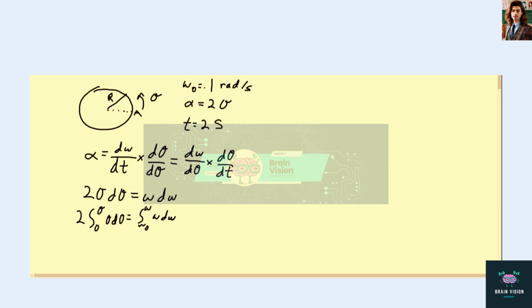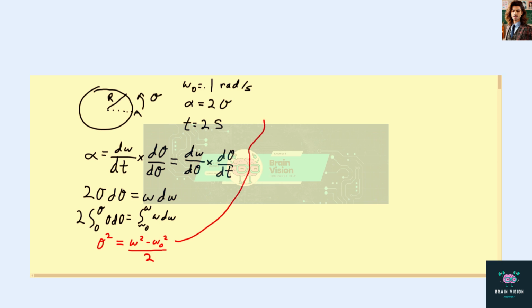When we take the integral of both sides, on the left side we get 2 theta squared over 2, so that just gives us theta squared. And on the right side, we get omega squared minus omega naught squared over 2. So we can multiply both sides by 2 and solve for omega.